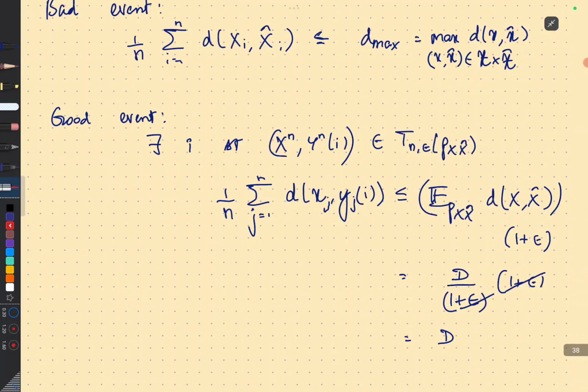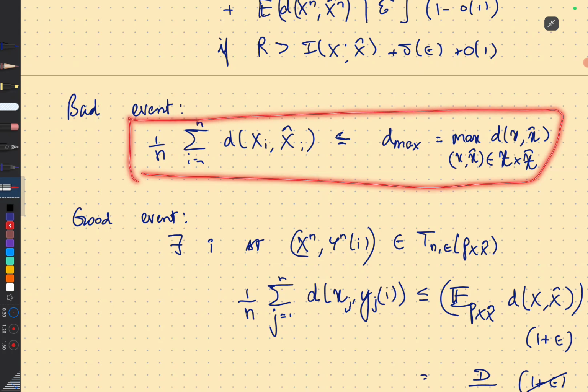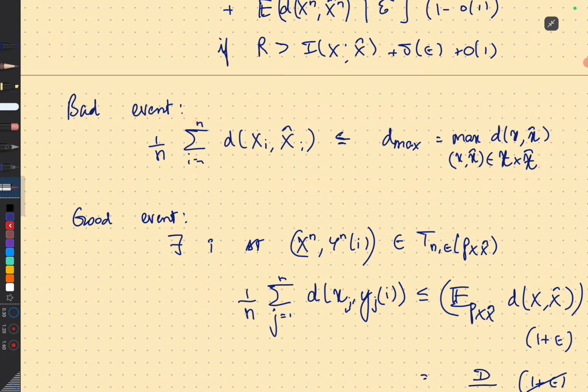And what we just showed was that the probability that the distortion is less than or equal to D is very large. The probability that you're in this bad event where the distortion could potentially be larger than capital D is very small.